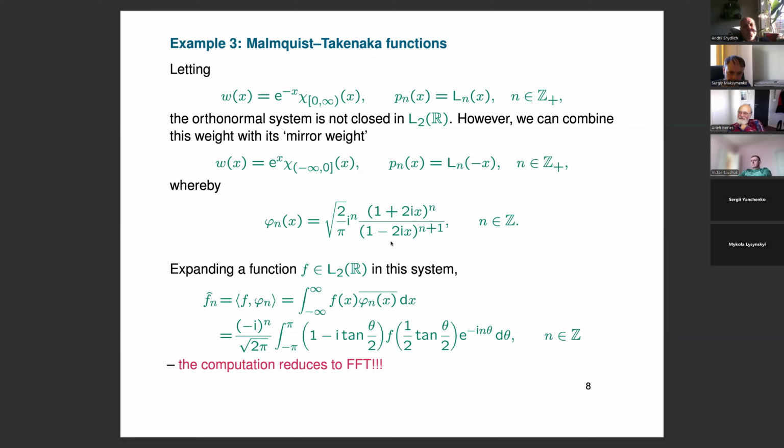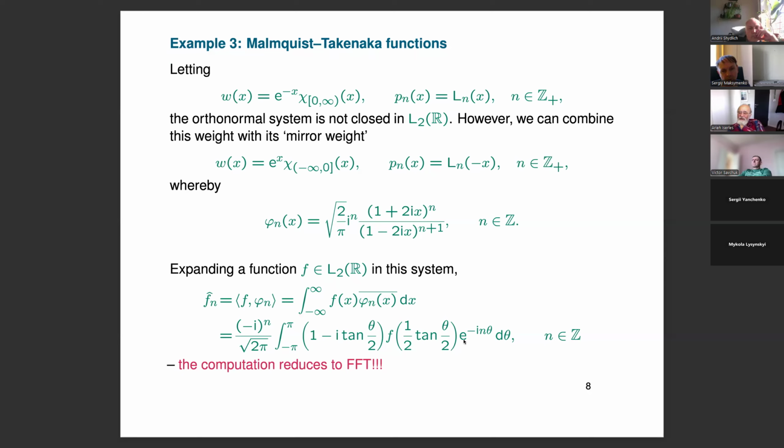Why is this system so exciting? Because once we are looking at an expansion of a function with respect to this system, the nth coefficient is the inner product of f and phi n, so the integral from minus infinity to infinity of f times the conjugate of phi n, everything is complex here, dx, and we make the change of variables x equal half tan(theta/2), we obtain Fourier integrals.